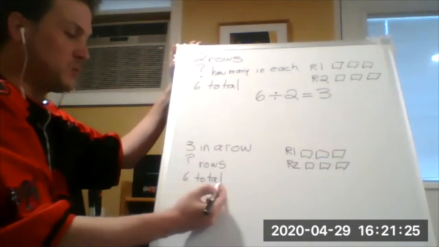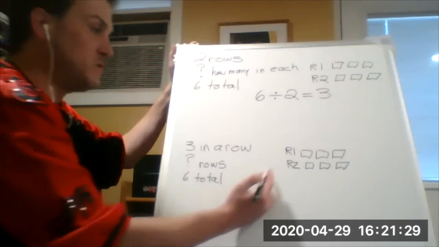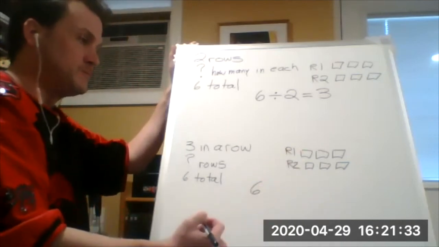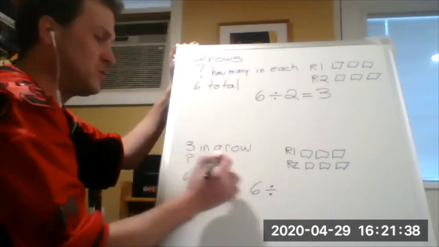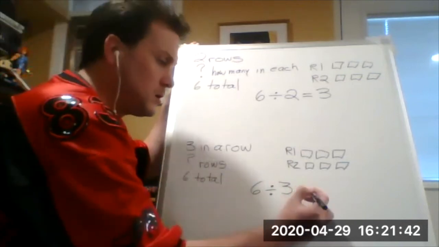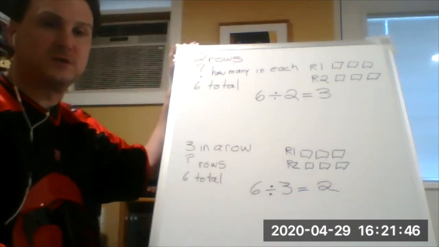I've used up all my students. I can now say my division equation for this is 6 students altogether divided by 3 students in a row. I created 2 rows altogether.